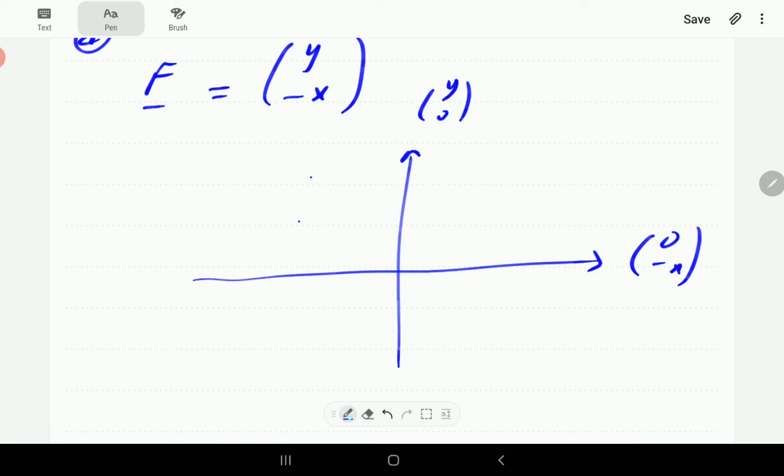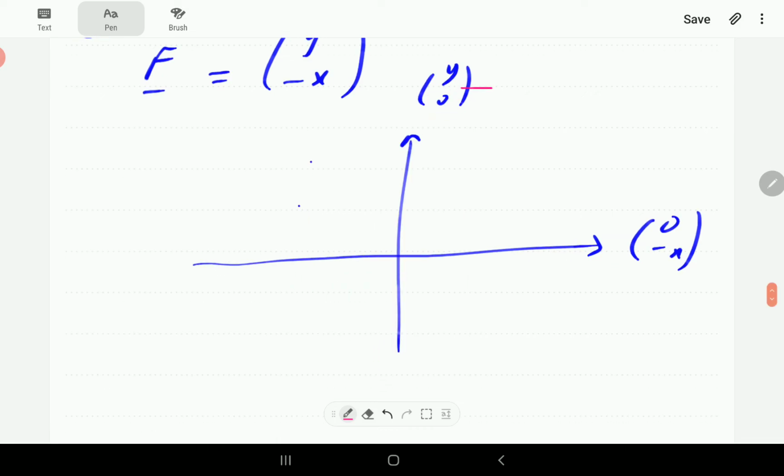Now, this vector here is always horizontal, and the magnitude is given in the direction by y. So for instance here, y is 1, so that means this vector is going to be going like that.